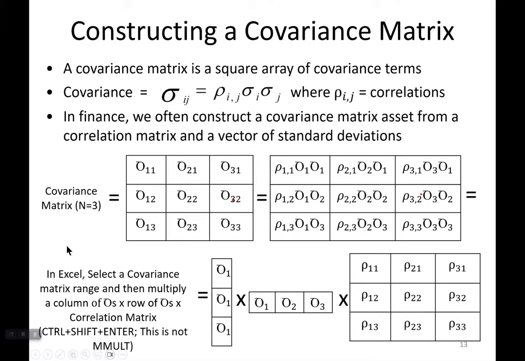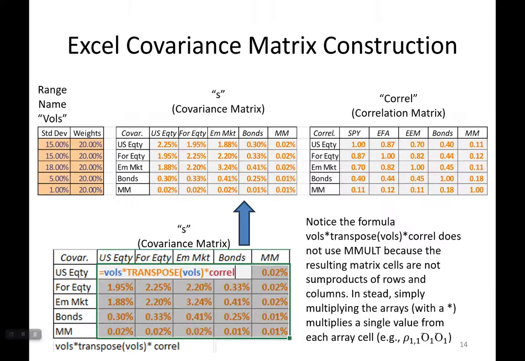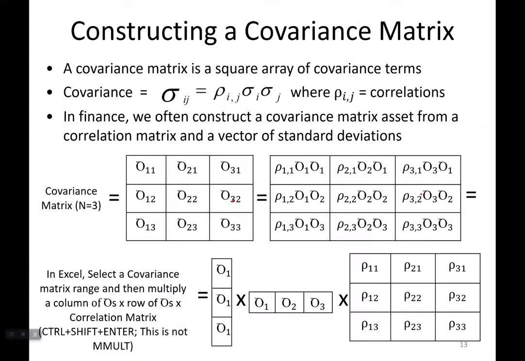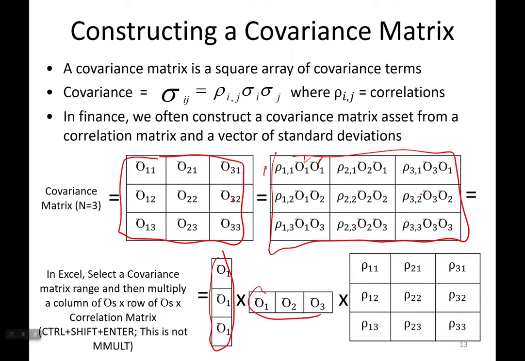Okay, here's how we're going to do this in our spreadsheet. Ideally, we want to create a matrix that looks like this, that combines all the correlations and the standard deviation terms and calculates our covariance matrix. How we're going to do it in Excel is we're going to multiply a column of volatilities times a row of volatilities and multiply times the correlations.